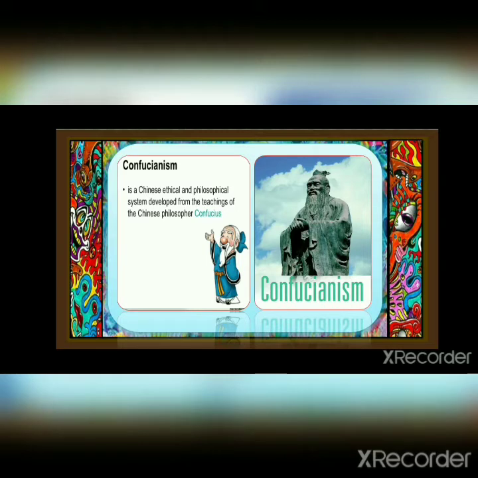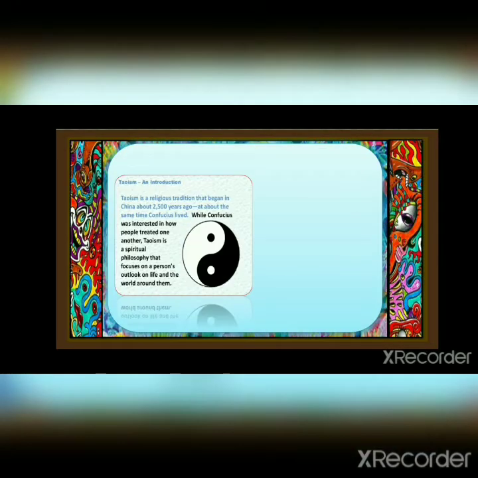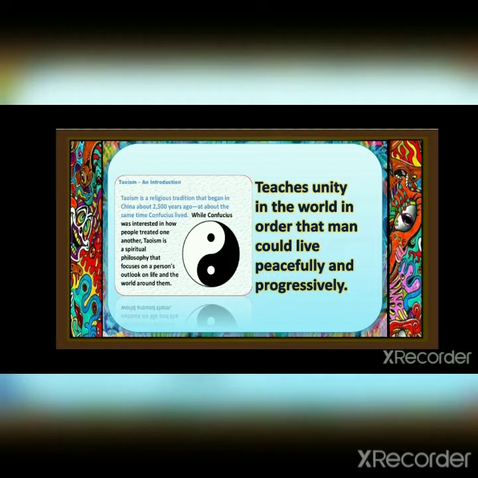Let's talk about Confucianism and Taoism. Taoism teaches unity in the world so that man could live peacefully and progressively.